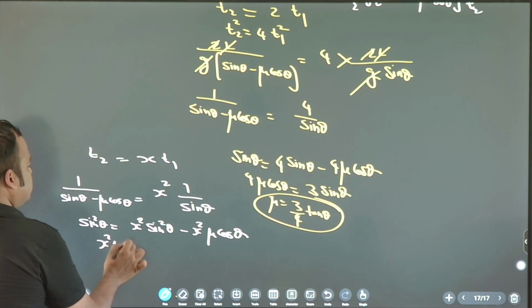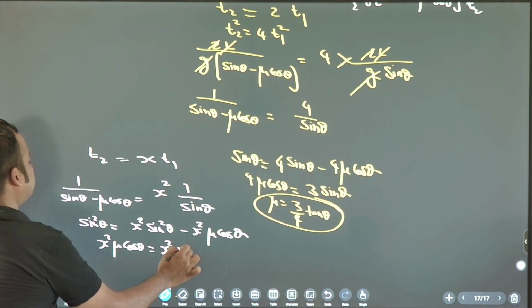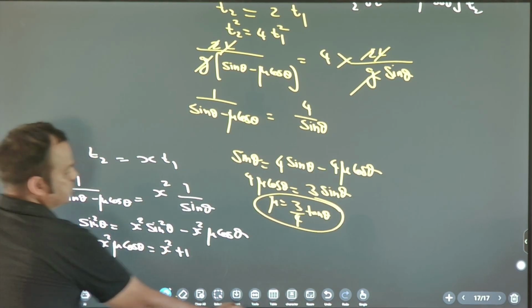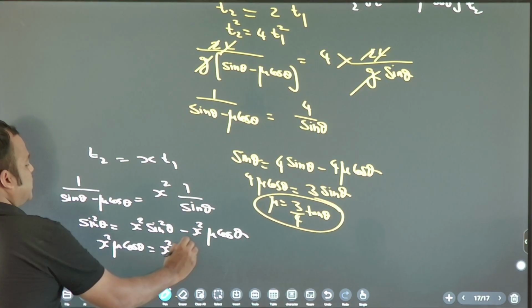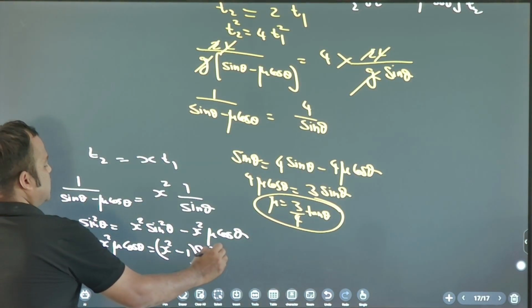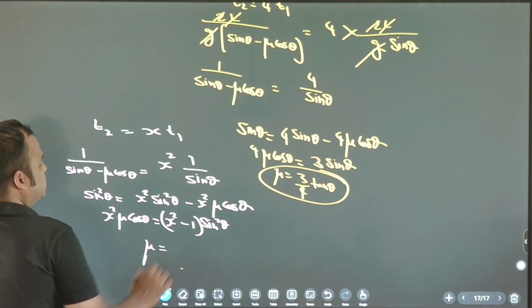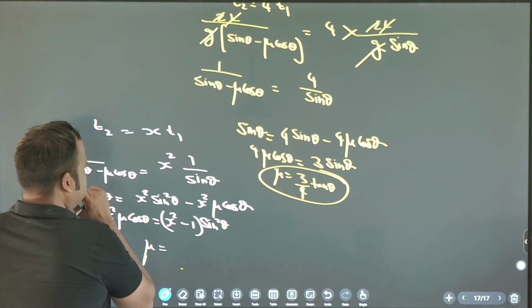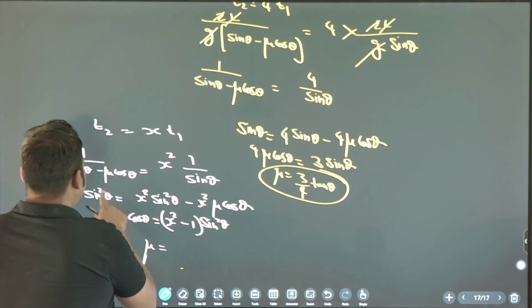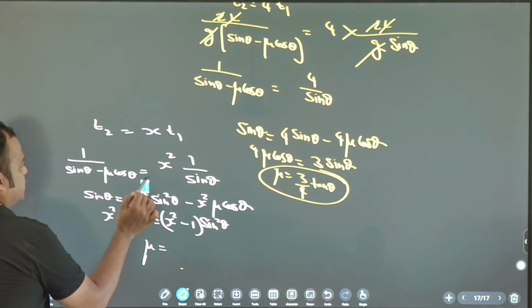So x square mu cos theta is equal to x square minus 1 into sin theta. So what is mu?